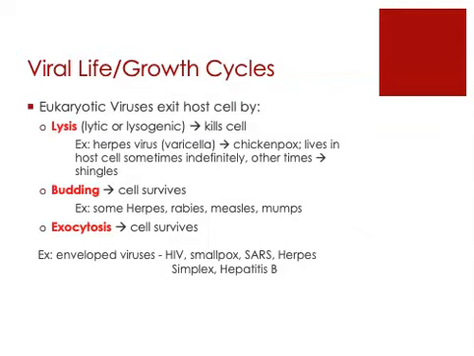The rabies virus does that. Measles and mumps viruses do that. And there are some eukaryotic viruses that take advantage of a normal cellular process called exocytosis to get out of the host cell. In both of those cases, in the budding case and the exocytosis case, the host cell is going to survive that. There's no lysis of the host cell.